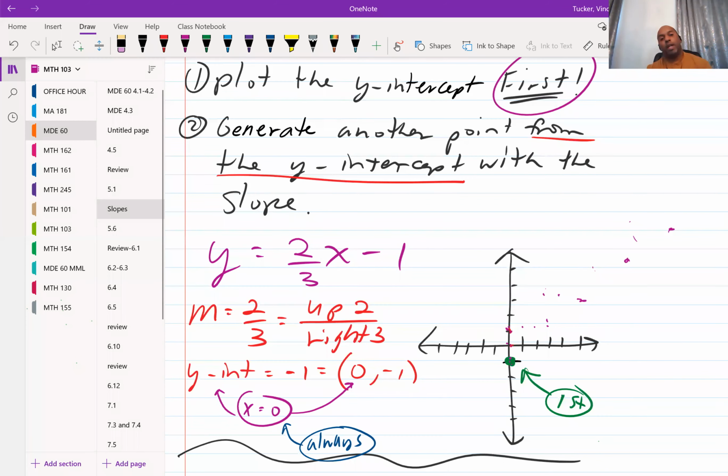All right, so like the directions say, plot the y-intercept first. That's why I have this point right here, 0, -1. Don't move left or right for x, but go down 1. And so you plot your y-intercept first. Then from your y-intercept, you go up 2, right 3, and that'll put me right here. And that's your line.